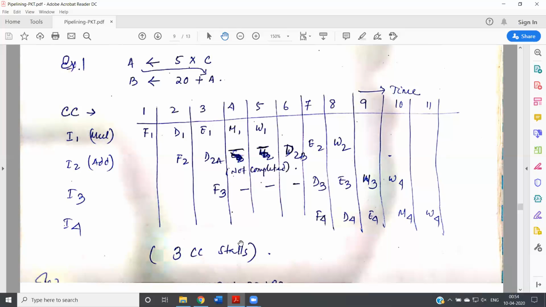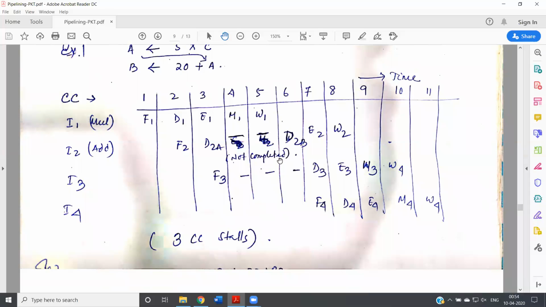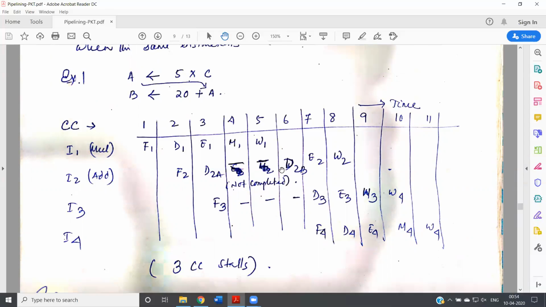So we have a penalty of 3 clock cycles, and this 3 clock cycle penalty applies to all the instructions. Why does this penalty occur? Because the operand was not present; A was not present here.